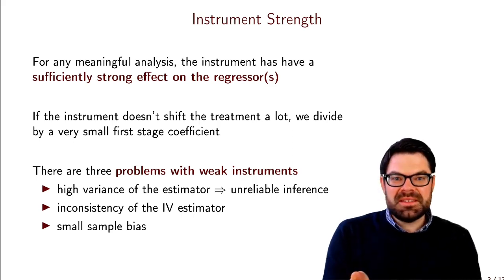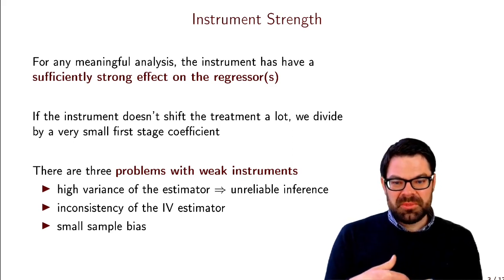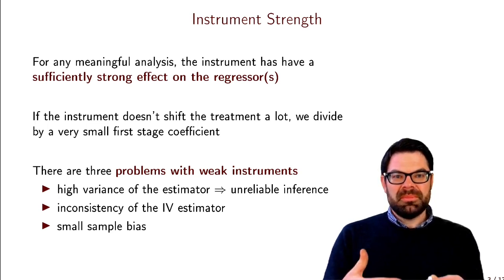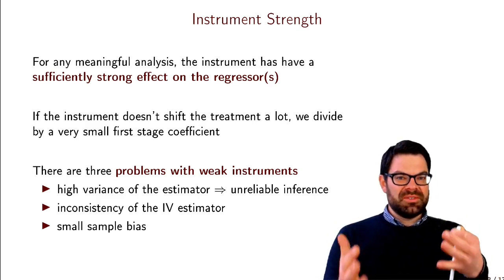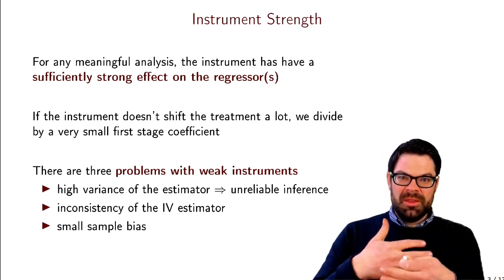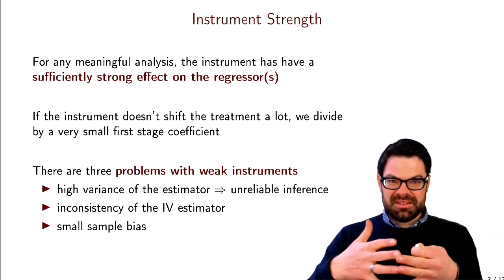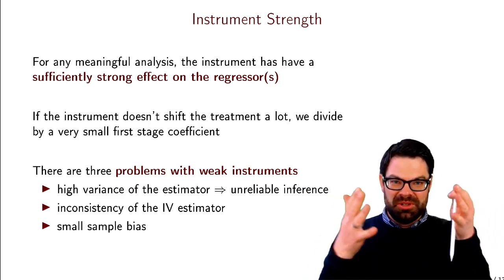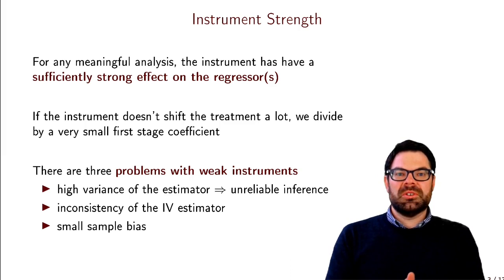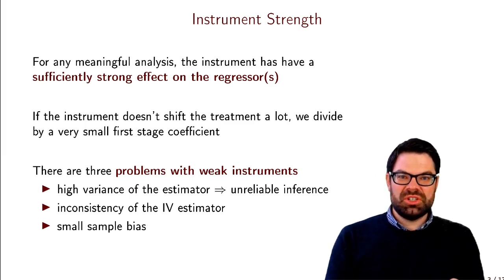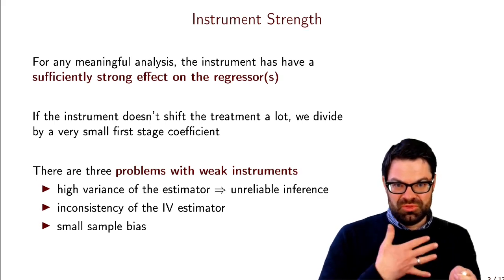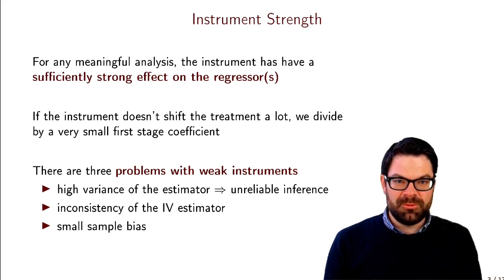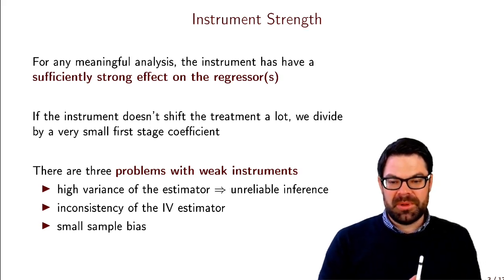If that's the case, and we have weak instruments, we will see that this can lead to a massive inconsistency of the estimator. And if an estimator is inconsistent, then even in a sample of infinite size, it will not hit the right parameter. As such, it's questionable if we can actually use this approach to learn anything meaningful about the effect that we want to learn about.